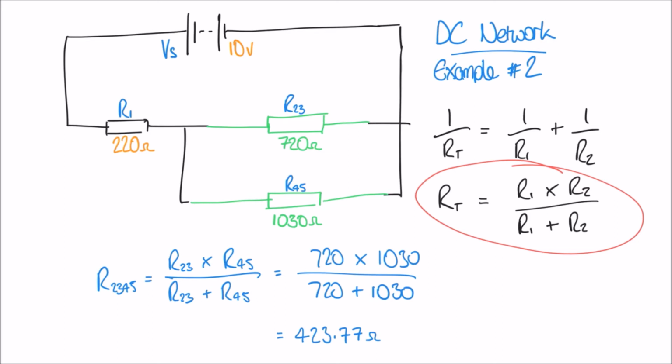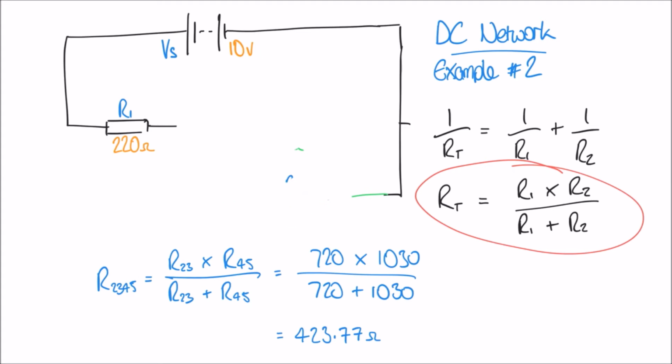So now I can simplify this circuit even further. If I remove from my circuit these two separate elements, because we've now combined them together, I can just put one resistor in its place, and that resistance, which I'll draw in here, we've calculated to be 423.77 ohms. Finally, we've got two resistors in series.